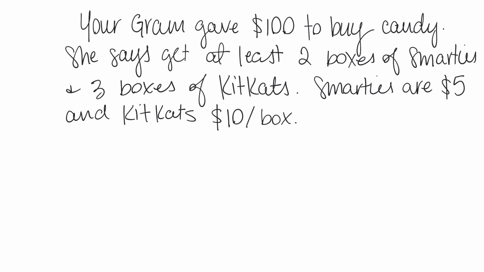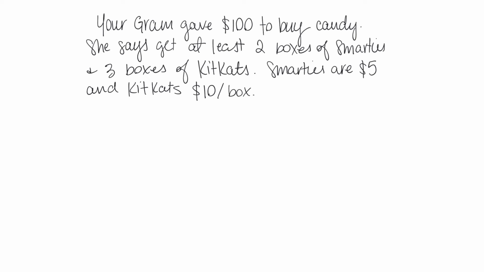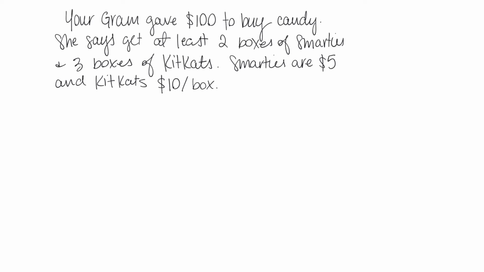Okay, so the question is, how are you going to handle this? So let's start off with what we said our first step is, our variables. So we need to figure out our variables. What do we want to call X? And what do we want to call Y? Let's call X, what comes first? Smarties. Okay, and we're going to call Y our Kit Kats.